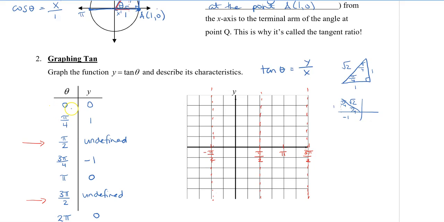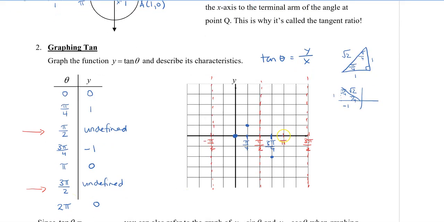Okay, let's plot some of these points. So at 0, we have 0. At pi over 4, which is this point here, we have 1. So I'm going to put a point at 1. At 3 pi over 4, which is this point here, so I'll write this down for us. So this is pi over 4, 3 pi over 4. So at 3 pi over 4, we get negative 1.